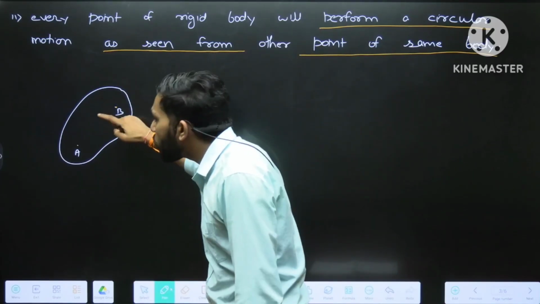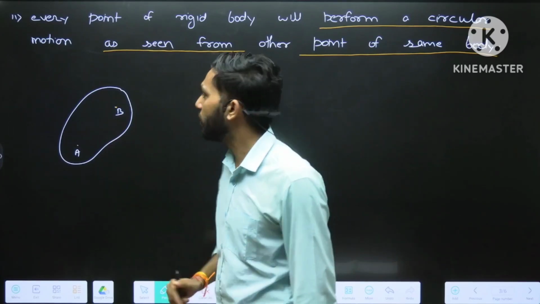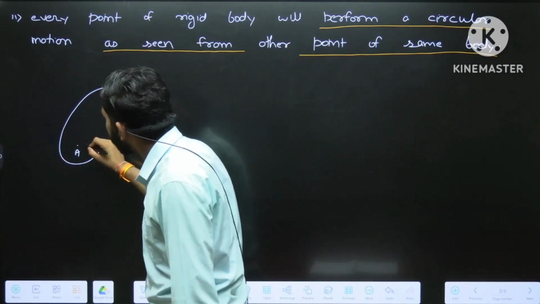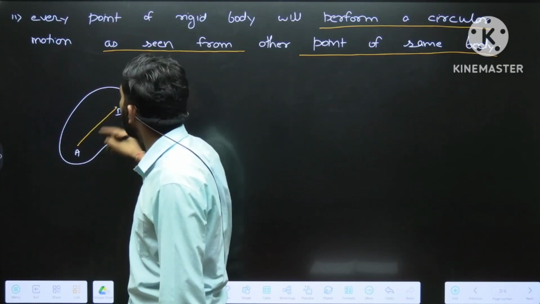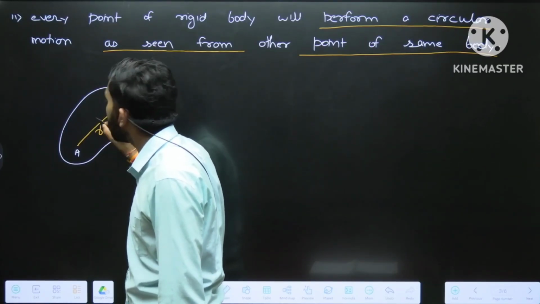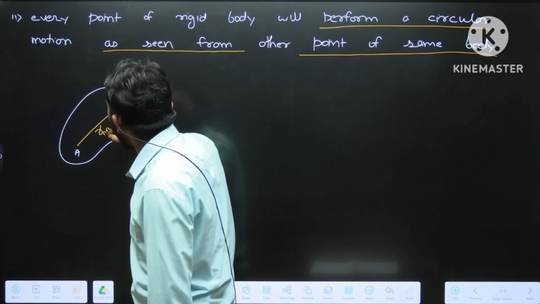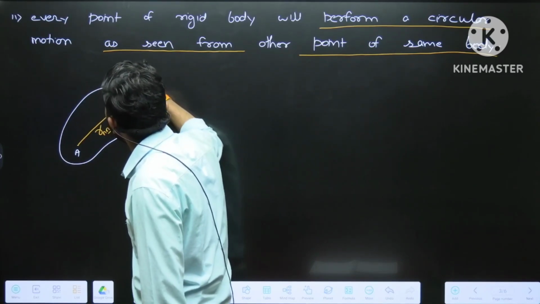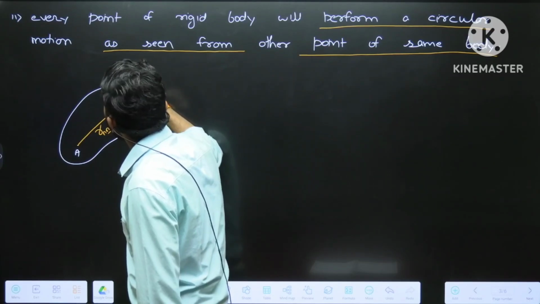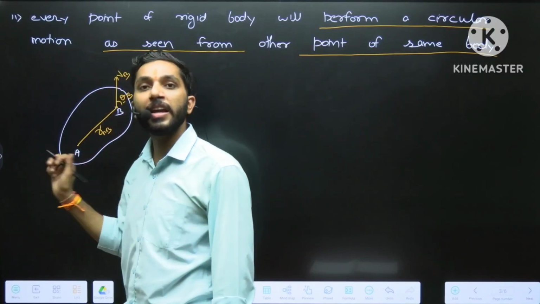And if it is performing circular motion, it must have an angular speed. So what will be the angular speed? Assume that this is the line joining A and B and the distance between A and B is RAB. At any time, the velocity of B is VB and the velocity vector makes an angle of theta B with the line joining AB.